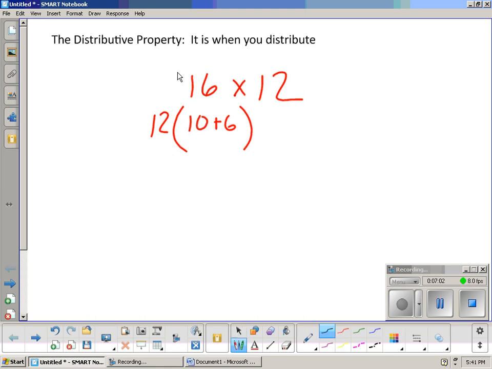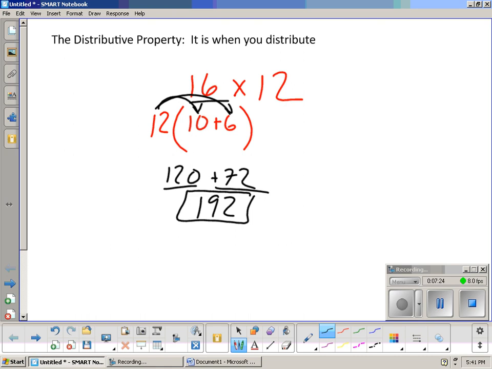You could distribute that 12. Everybody knows 12 times 10 is 120. I know that 12 times 6 is 72, right? Yeah, 12 times 6 is 72, Mr. Clark? Yeah, we got a thumbs up. And then this plus this, we can do in our head as 192.